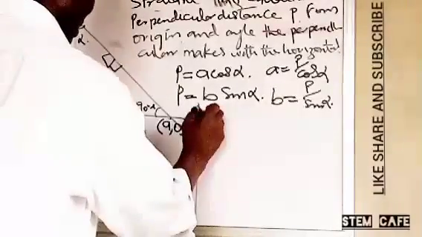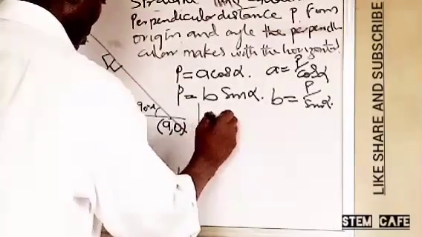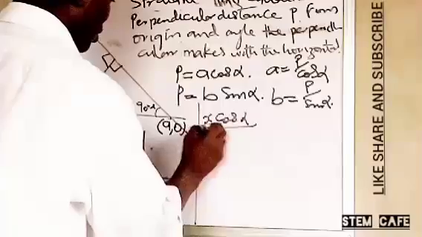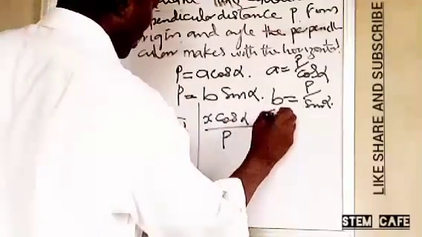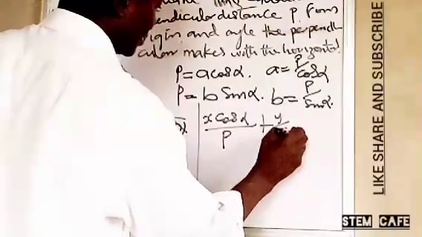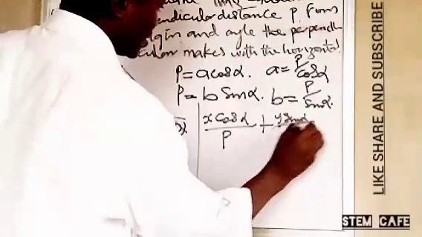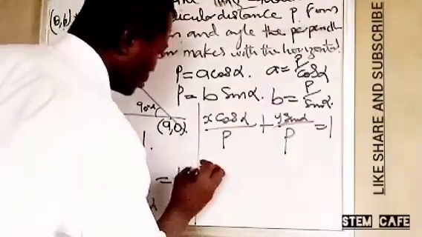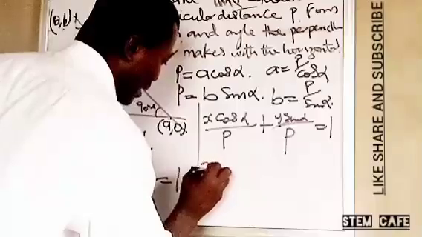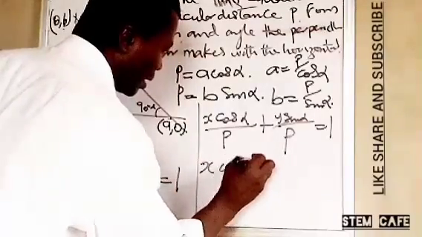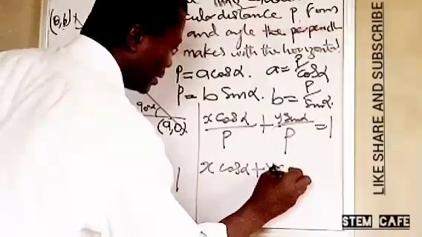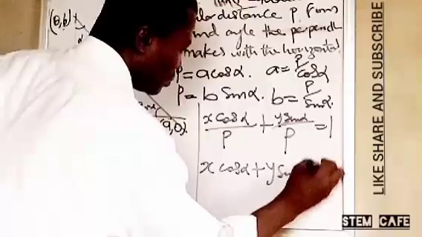Then you can say x cos alpha over p plus y sin alpha over p is equal to 1. So at the end of the day, we can see that x cos alpha plus y sin alpha is equal to p.